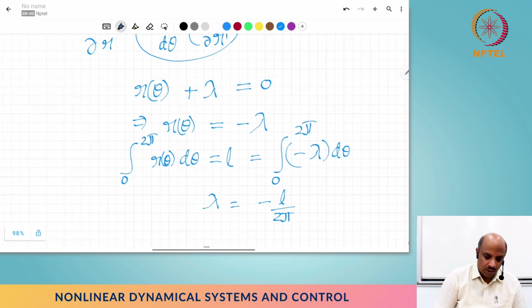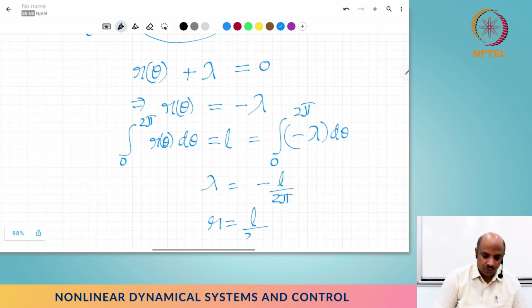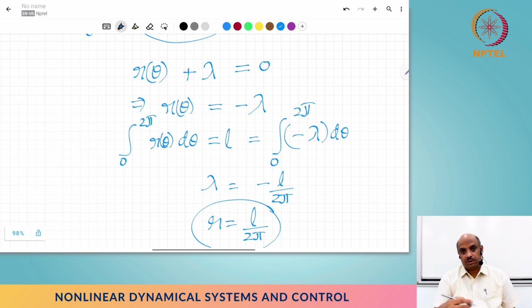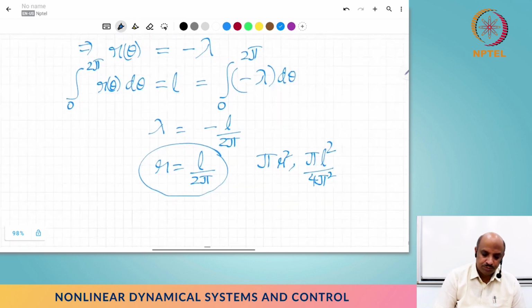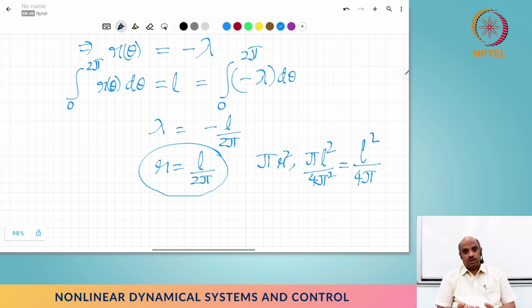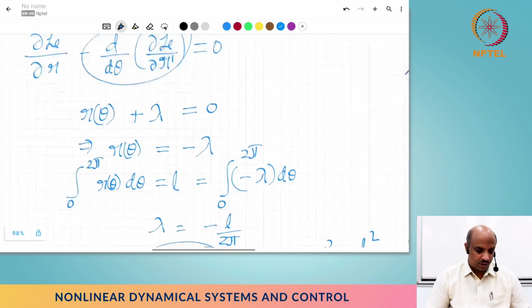Okay, and then r is going to be L by 2 pi, which we know to be the circle with perimeter L equal to 2 pi r, and the corresponding area we can compute is going to be pi r square, or pi L square by 4 pi square, which simplifies to L square by 4 pi, right? So this is the solution to the maximization of the area that a string of a particular length can enclose. And then we use this Euler-Lagrange equation.